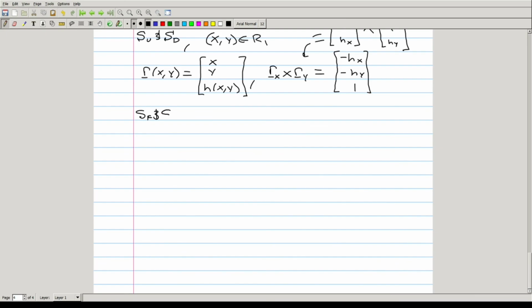S front and S back is a surface that's parameterized for x and z in R3.